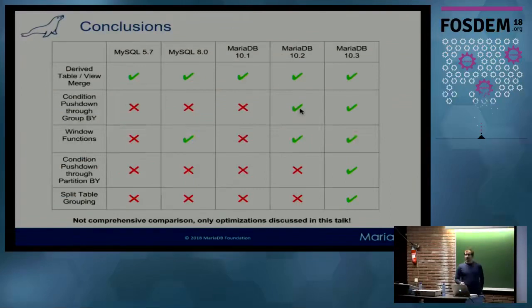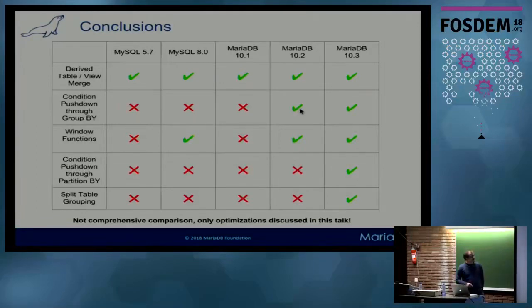And to see how features stack up, well, we have derived table view merge. This is the first thing we talked about, in all stable versions. Condition pushdown is a MariaDB specific feature. Window functions are coming into MySQL 8.0. And I haven't personally checked, but I believe merge actually works with CTEs too in MySQL.